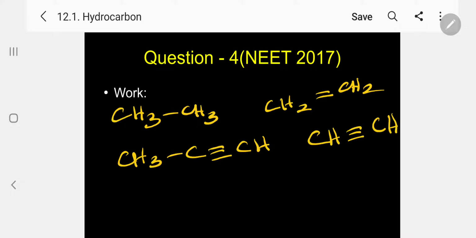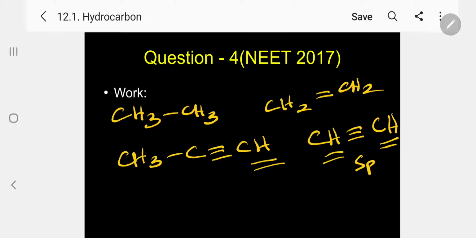Just see, this is acidic because there are two reasons we can give. One is sp hybridization. Whenever a carbon has sp hybridization, the hydrogen attached to this carbon will be acidic in nature. So in propyne, there is again an acidic H. Coming to the double bond, when compared to CH3, this is more acidic.